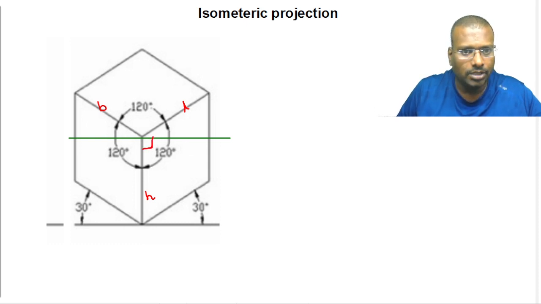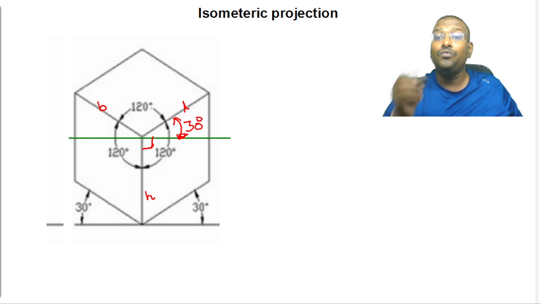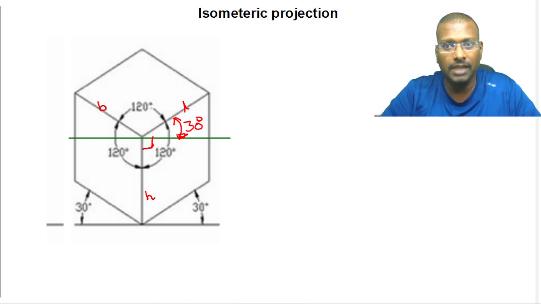Once you consider it is 90, therefore length is making 120 degrees with vertical, that is the height line, but with horizontal it is going to make 30 degrees. That is considered as the view inclination of the length. What is that? View inclination of the length.